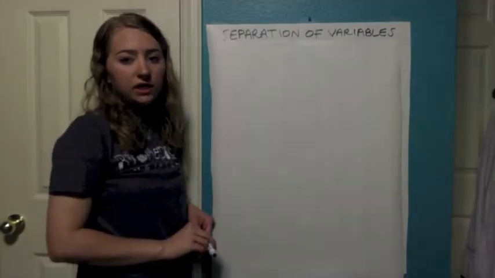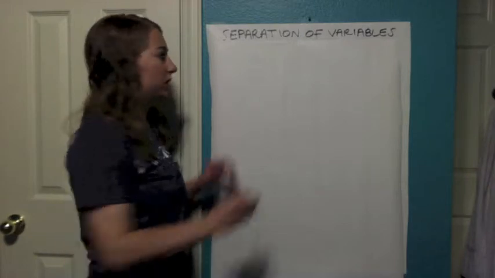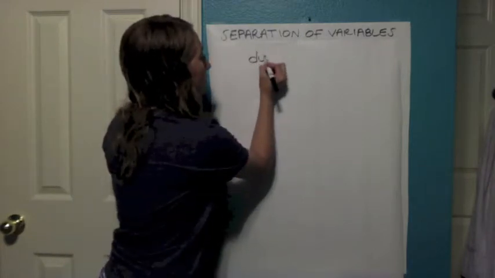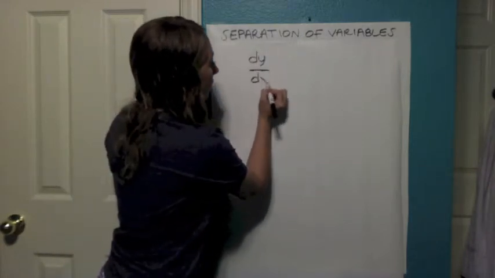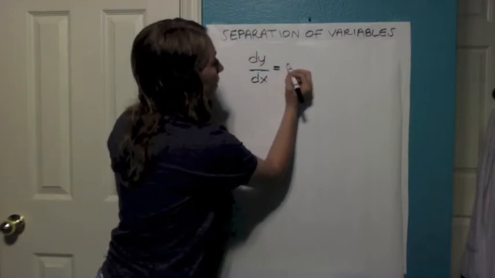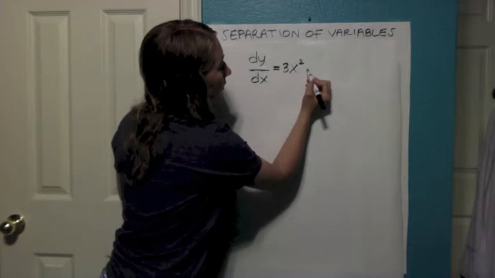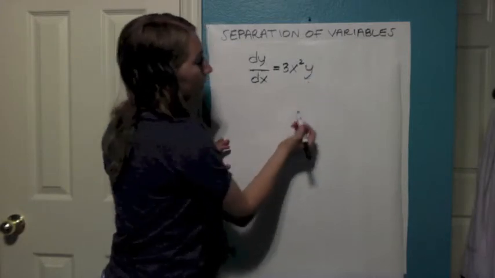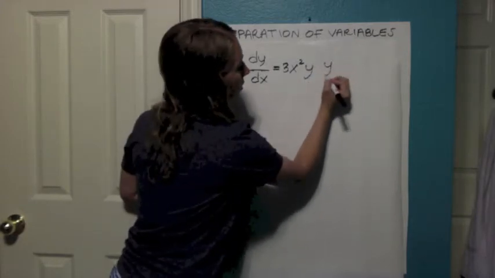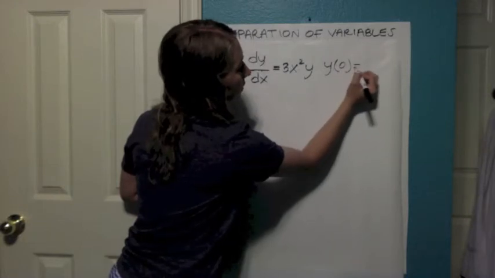In another example, you have the equation dy over dx equals 3x squared y with the initial condition y of 0 equals 2.